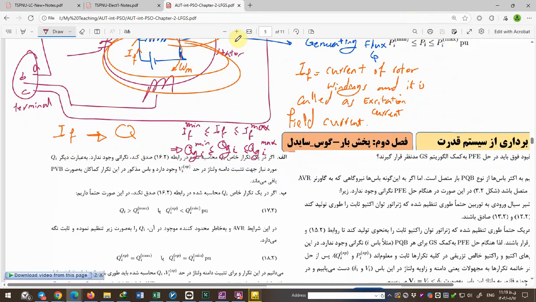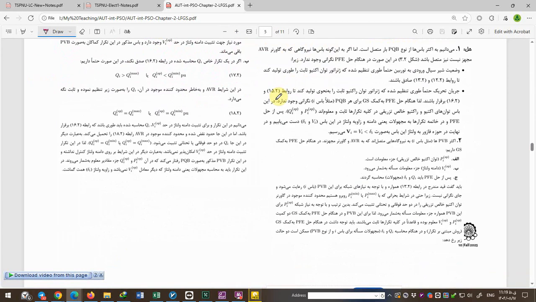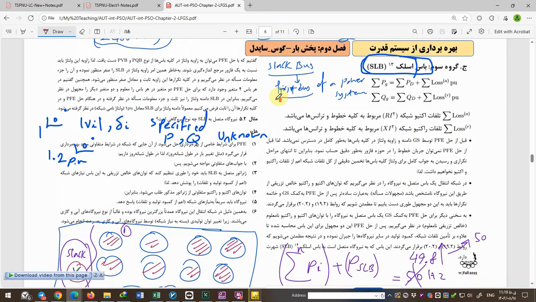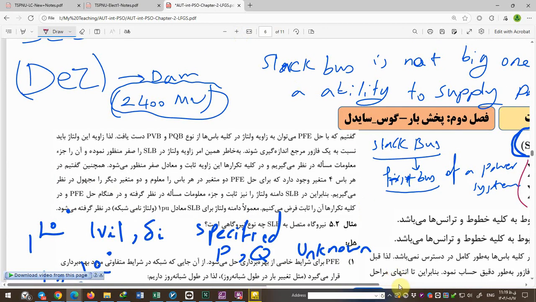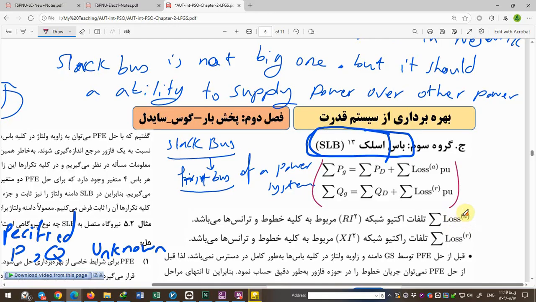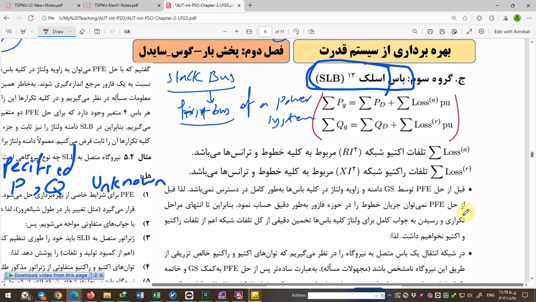Okay, another important part is about this main equation. What is the equation? This equation tells us about the equality between generation and consumption in active power or reactive power.